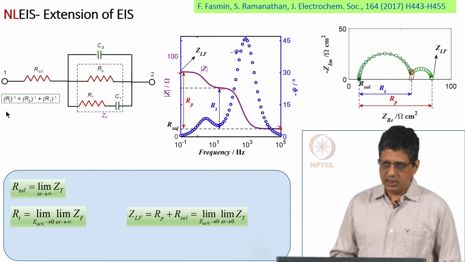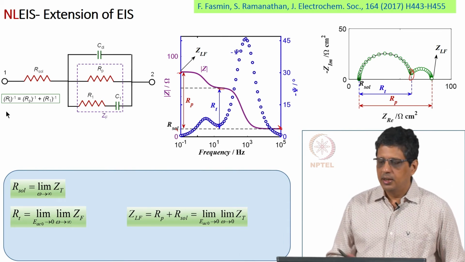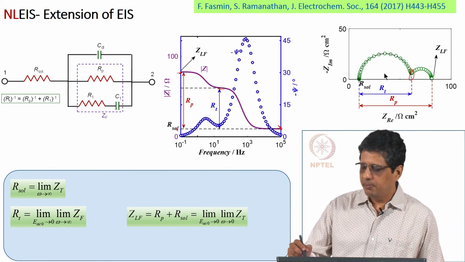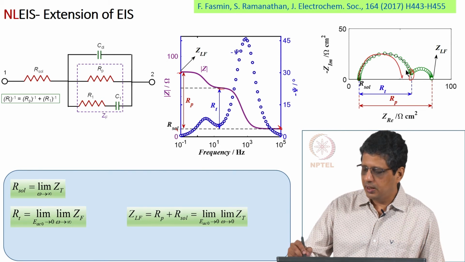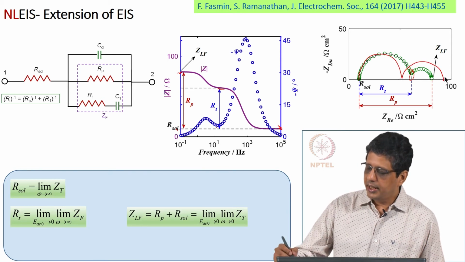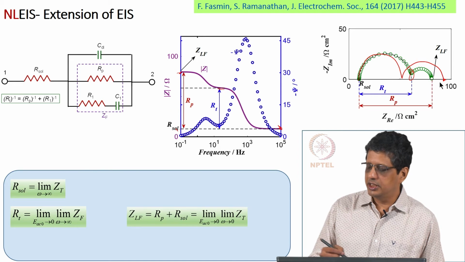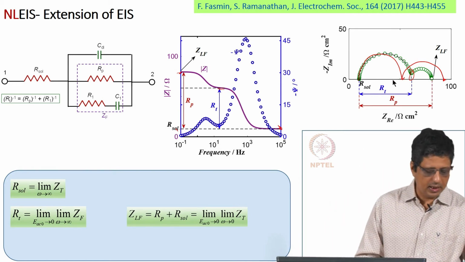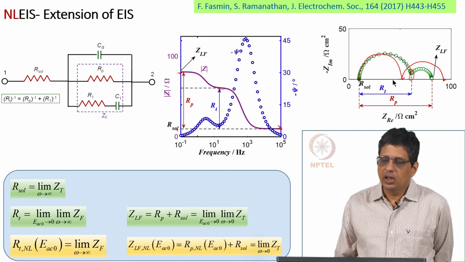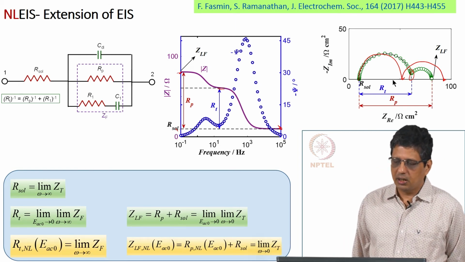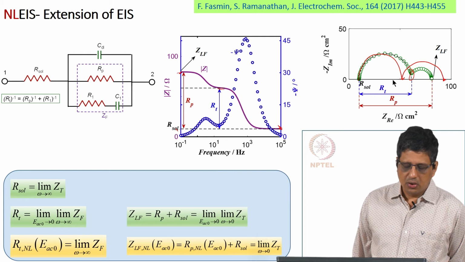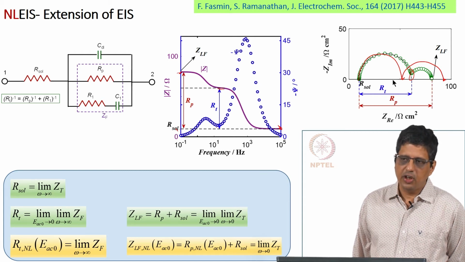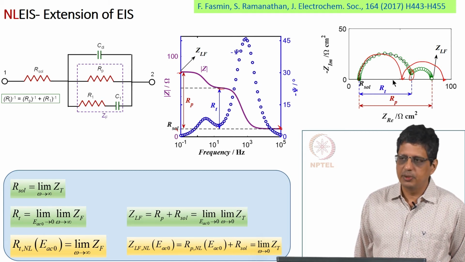Now, if I apply large amplitude perturbation, this spectrum may change and become, for example, like this. I can still call this polarization resistance and this charge transfer resistance, except that I have to denote that they are nonlinear values and they depend on EAC 0. So, in that case we drop the requirement that EAC 0 should be small.